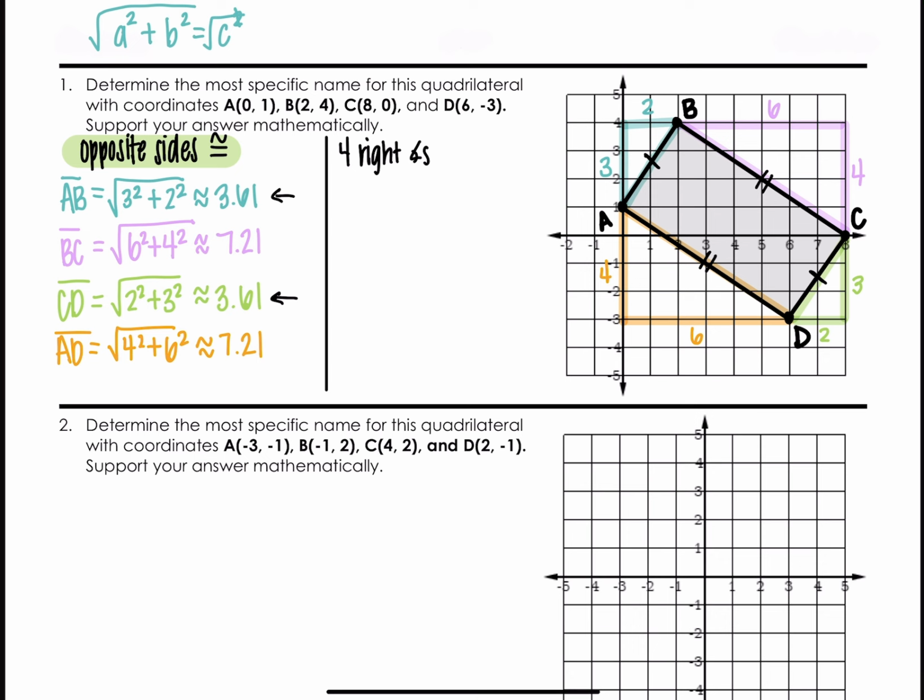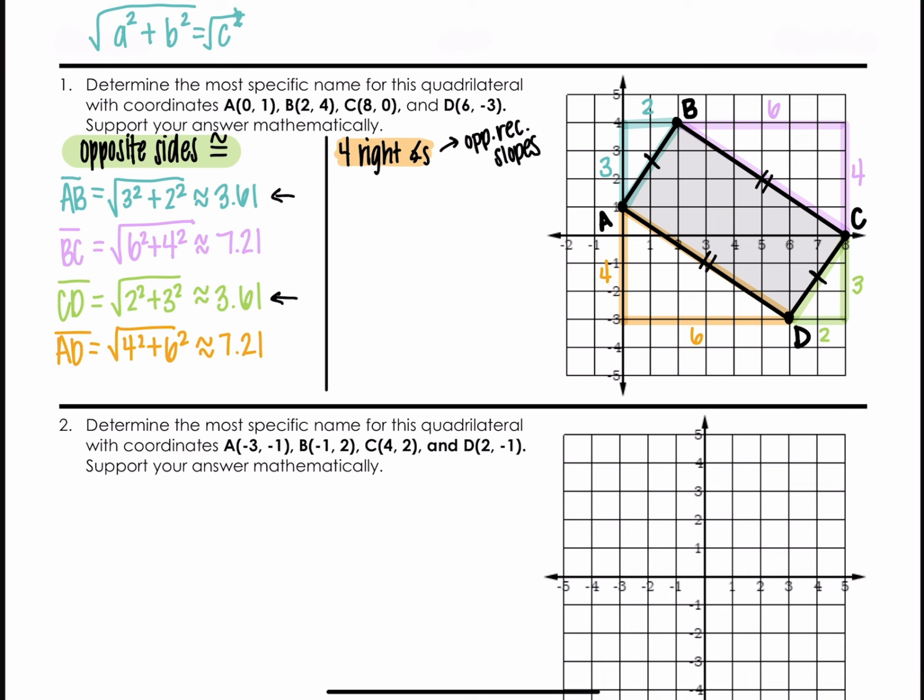That's great, but it could simply just be a parallelogram. So what I have to do is keep going to show that I have opposite sides congruent, but also that I have 4 right angles. Now, how do I show that I have right angles? Well, I'm no longer concerned about the length. Now I'm concerned about the slope. And what kind of slopes am I looking for? I'm looking to see that I have opposite reciprocal slopes.